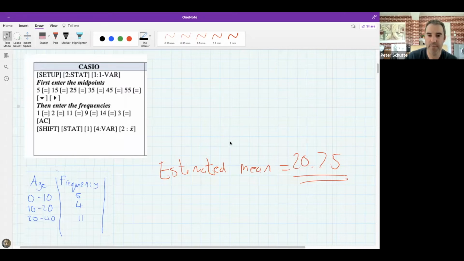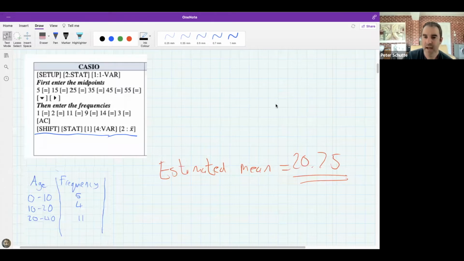If you look at the screen, you go Shift Stat 1, and then you hit 4, and then you hit 2. And the 2 is giving you the mean. Now, you can do it either the manual way or the calculator way, but I wanted to show you the calculator way because sometimes it may be advantageous to do it like that.